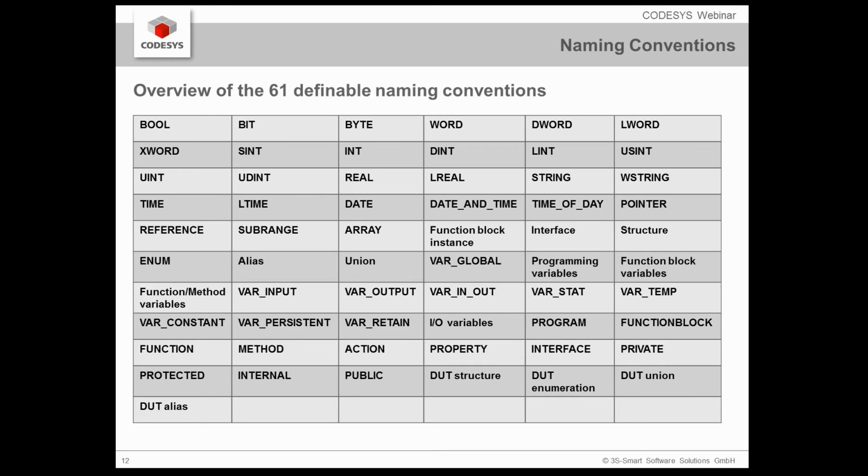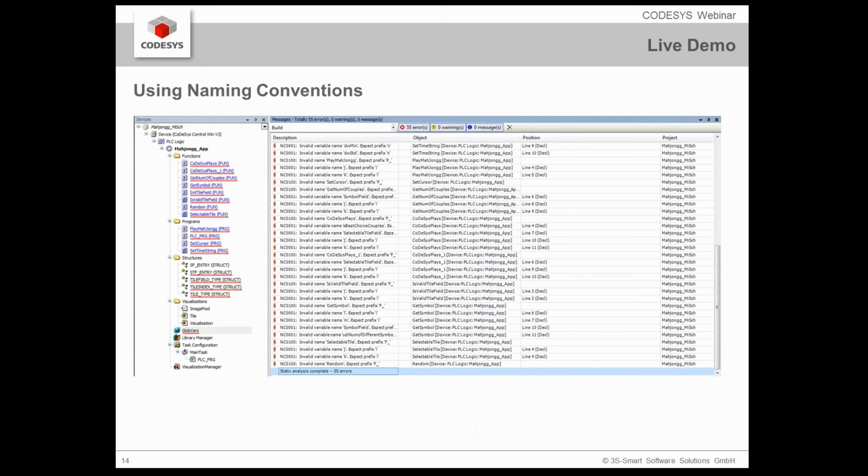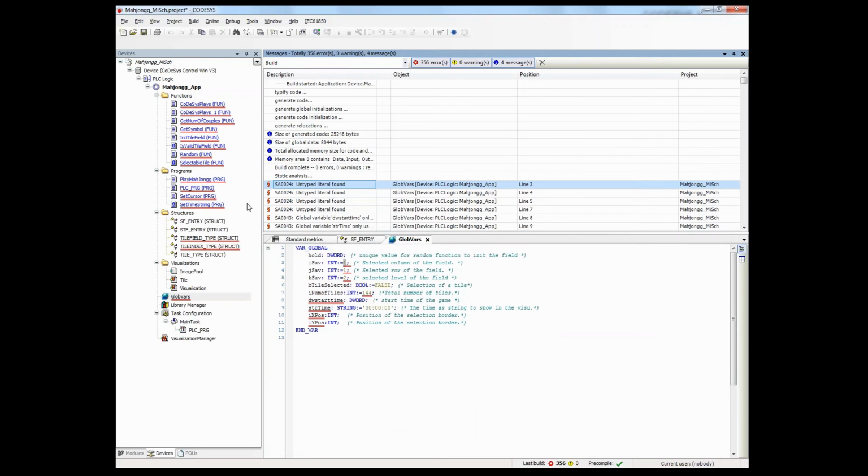So here you can make prefixes for all these variables, and the procedure is more or less the same as you are now familiar with from the coding guidelines, and therefore I don't want to stress that again.